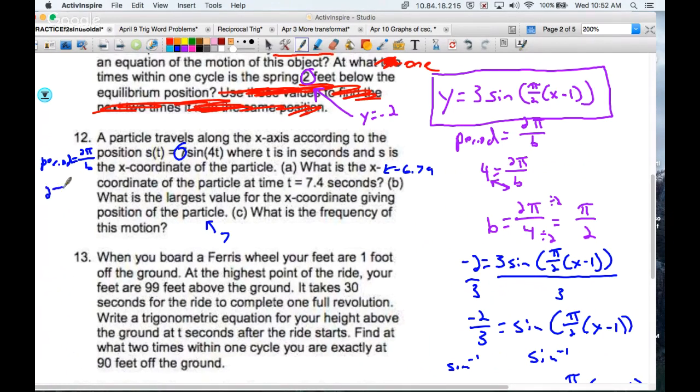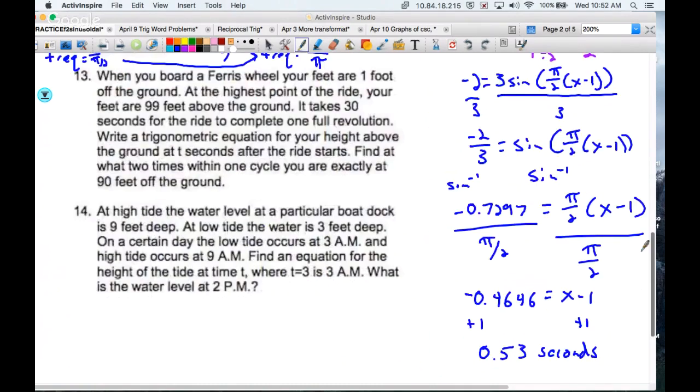So 2 pi divided by 4, which equals pi over 2. And now to get frequency is 1 divided by pi over 2. Copy dot flip, this becomes a frequency of 2 over pi. All right, that's everything in question 12.